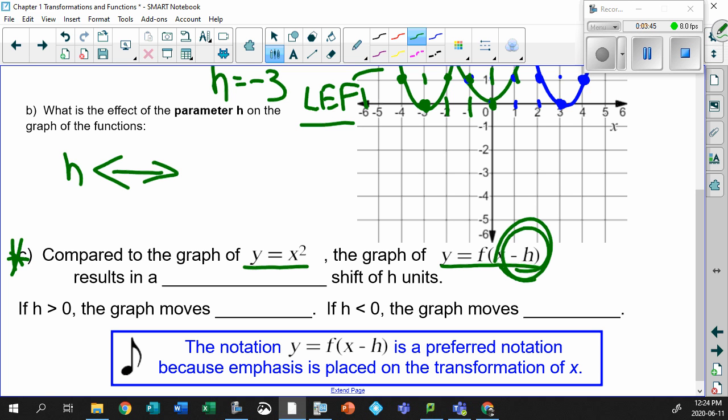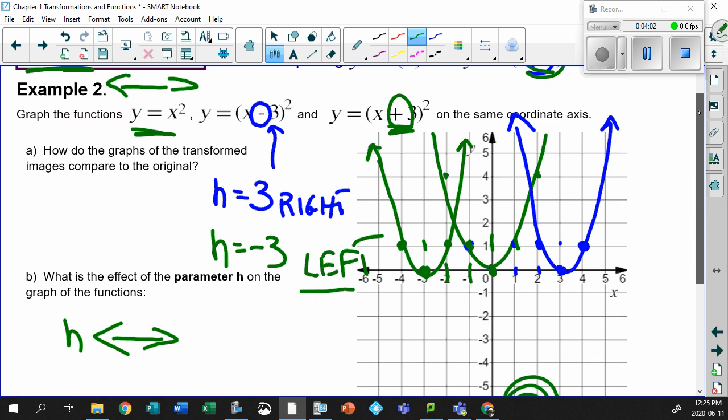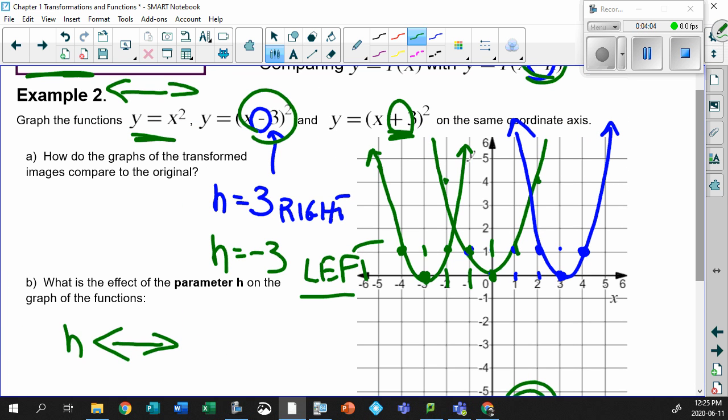So this h means a horizontal shift of h units. So if h is bigger than 0, even though it sits at a negative, remember, even though it looks negative, the h value is actually a positive.